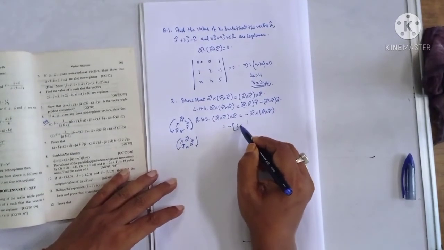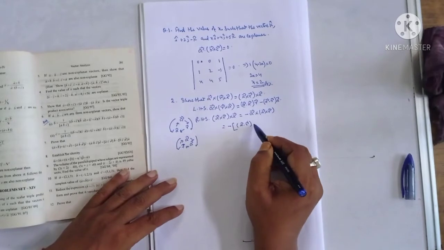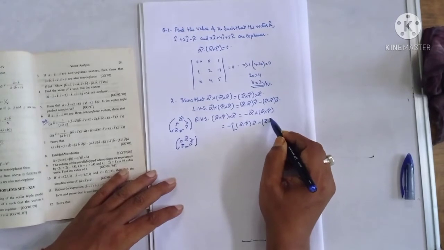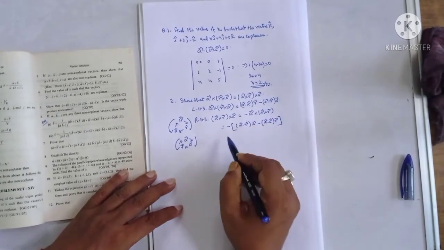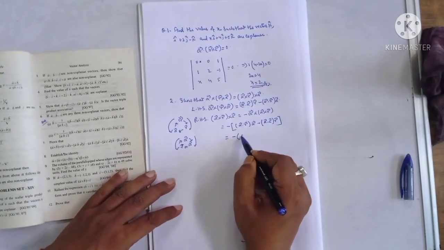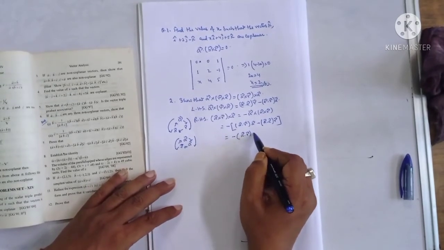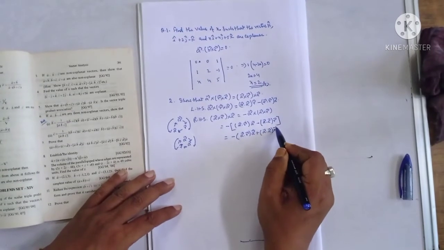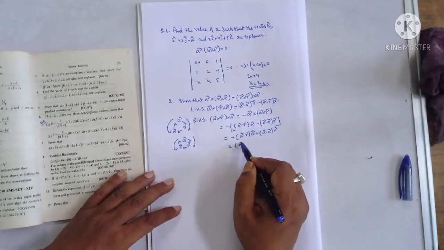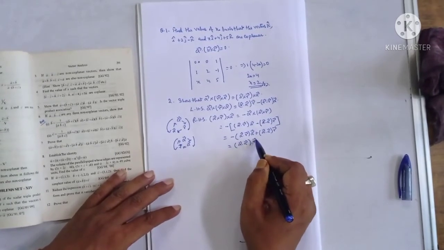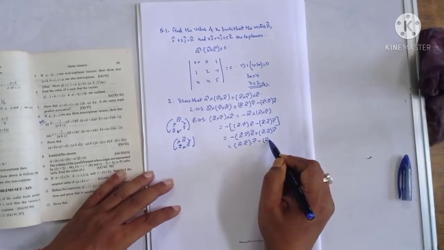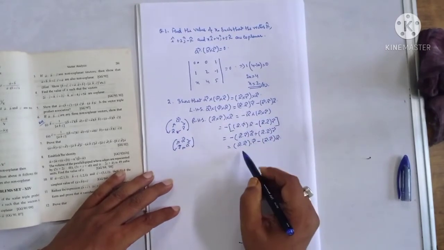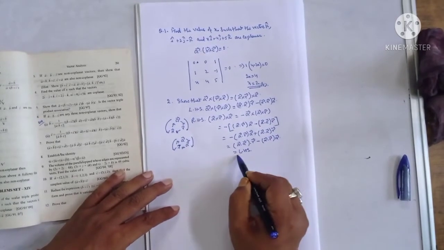So here a vector r vector a vector minus a vector dot a vector r vector. So this will be equal to minus a vector r vector a vector plus a vector dot a vector dot r vector. So you can write this as a vector dot a vector dot r vector minus a vector dot r vector a. So you can see this is equal to left hand side.